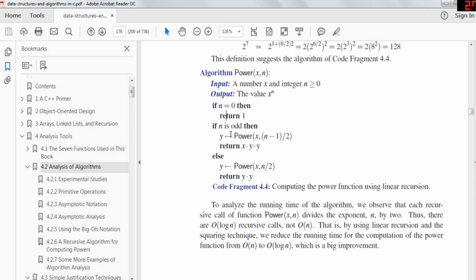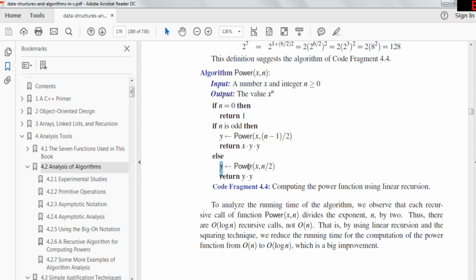If n is odd, they say y is equal to power of x, (n minus 1) over 2. Call this function again, raising x to the power (n minus 1) divided by 2, then multiply it by itself. Otherwise, you set y equal to power of x, n over 2.